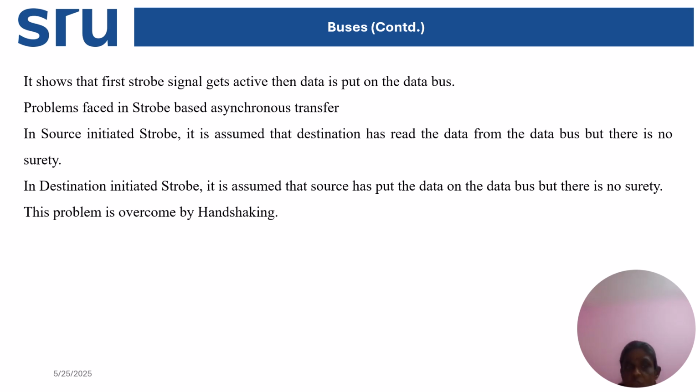Problems faced in strobe-based asynchronous transfer. What are they? In source-initiated strobe, it is assumed that the destination has read the data from the data bus, but there is no surety. In source initiation, first it keeps the data, second the strobe signal.